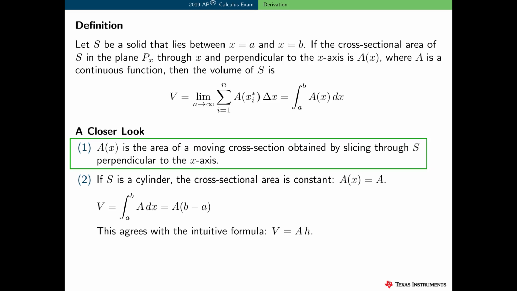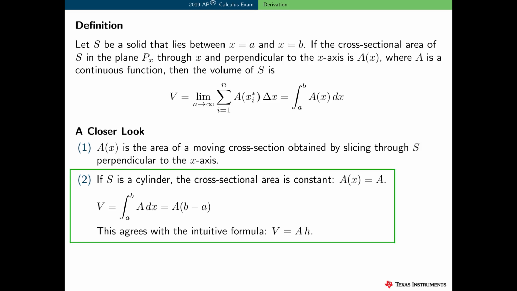Here's a little closer look at this definition. I think it's important to remember that A(x) is the area of a moving cross-section obtained by slicing through S perpendicular to the x-axis. And if S happens to be a cylinder, the cross-sectional area is constant at any x.